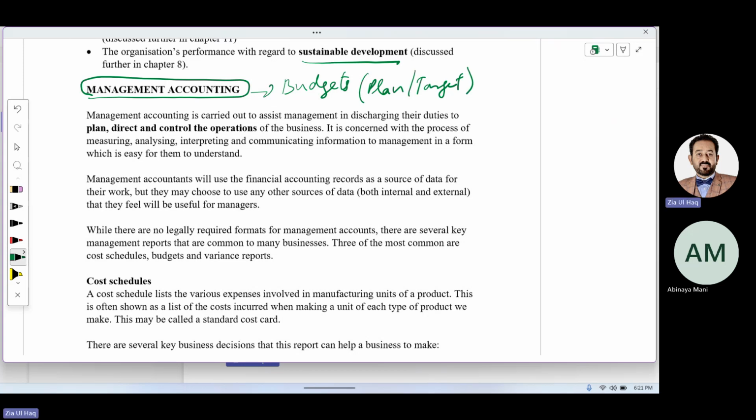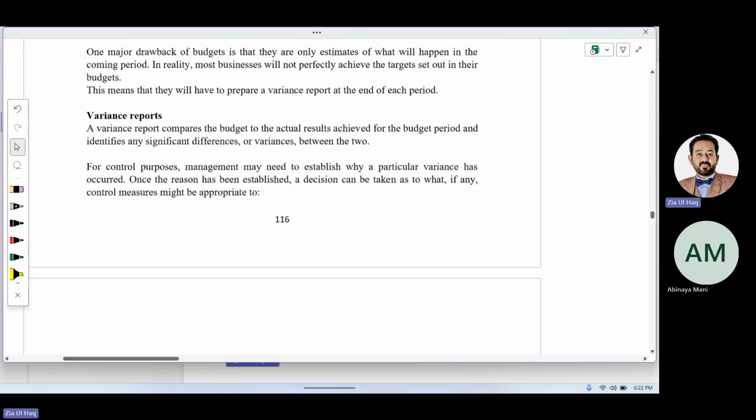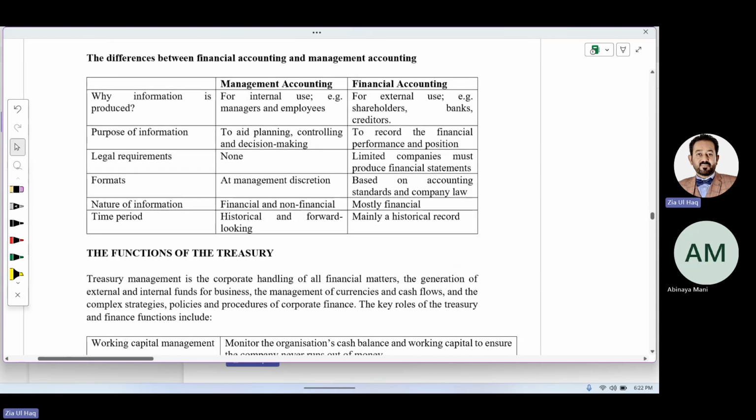Management accounting is carried out to assist management in discharging their duties to plan, direct, and control the operation. Management accounting helps the management in making decisions and in preparing future plans. Financial accounting is compulsory. This is the difference between financial accounting and management accounting.